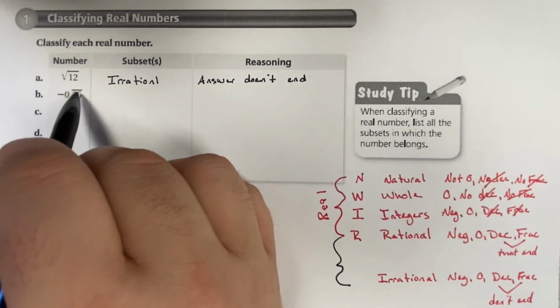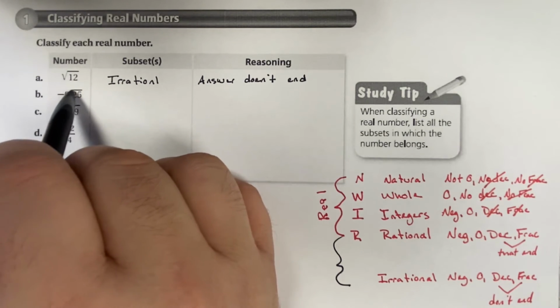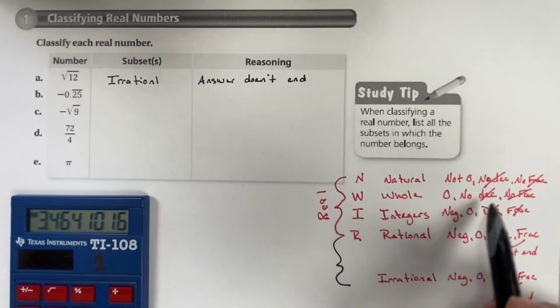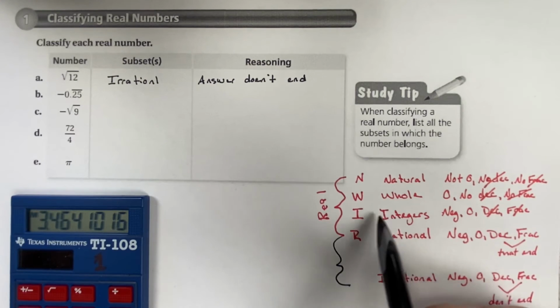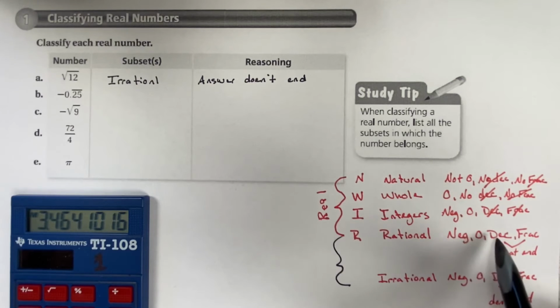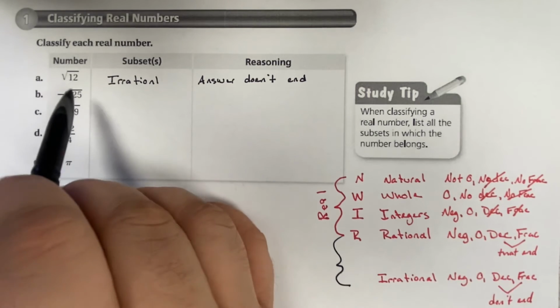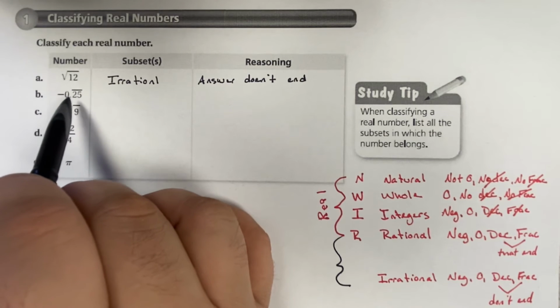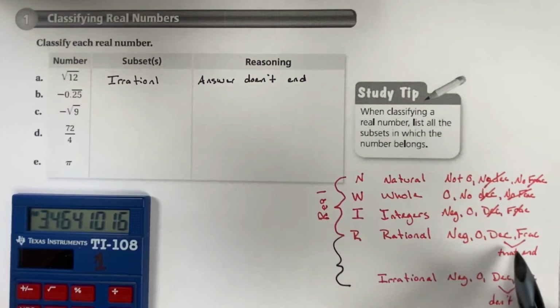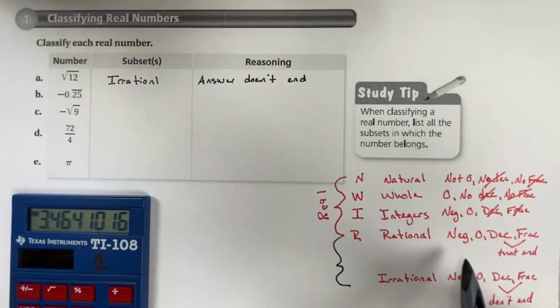All right, now if we remember negative 0.25 with this bar, so it's negative, so it's got to be at least an integer, but it's a decimal, so now I've got to step up. So I'm looking for negative, decimal or fraction, and it ends. Well, here's the funny thing. This doesn't end, and that's what the bar says. However, we can write it like it does end. Therefore, we treat it like it does end.